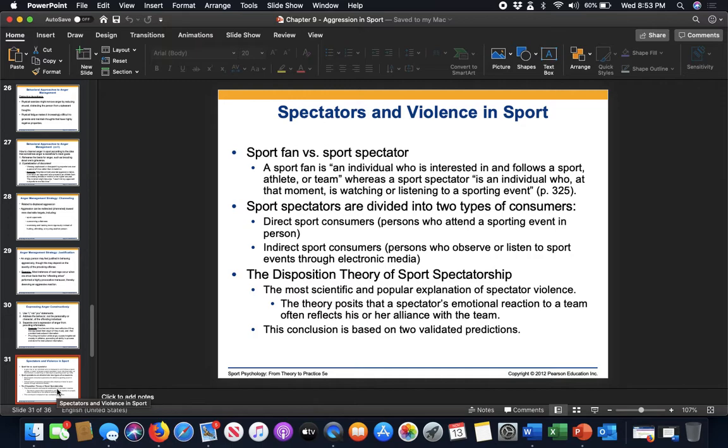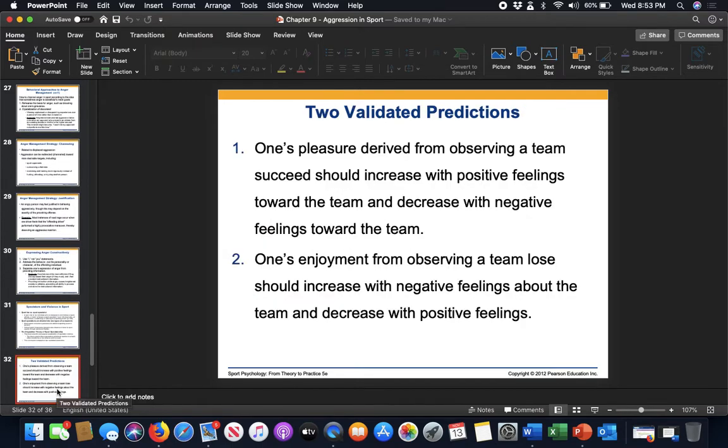There's a lot of things that come with spectator violence, and there's really a lot of it that comes down to the environment. So what do we look at? There's predictions. There's pleasure derived from observing a team succeed. So then you'll have more positive feelings, and then you're going to have less negative feelings toward the other team because, say your team is crushing the other team.